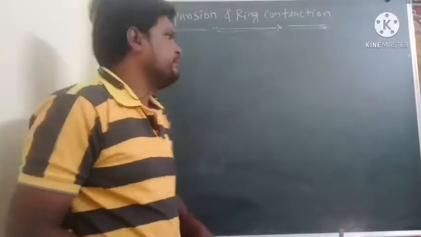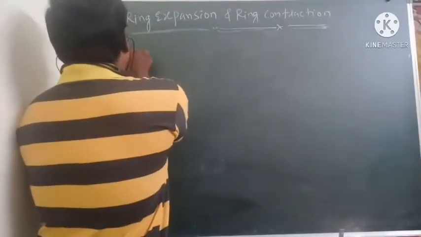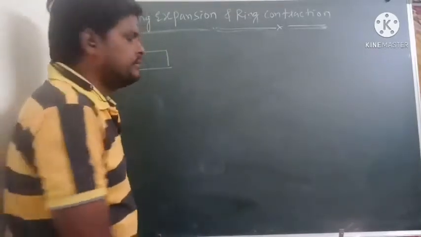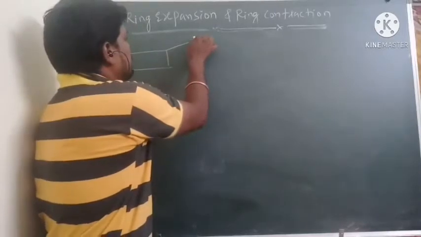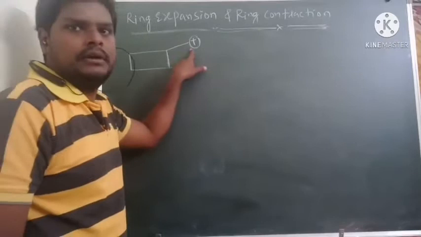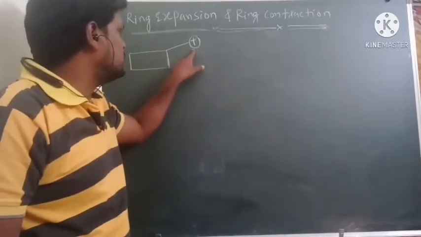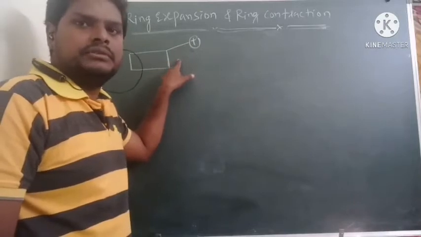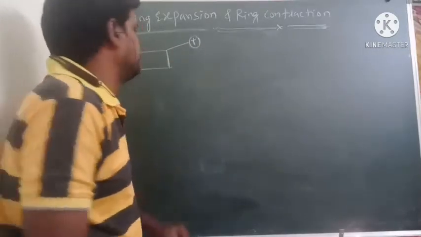For example, here is a 4-membered ring, and the positive charge is outside the ring. That's why ring expansion takes place here.